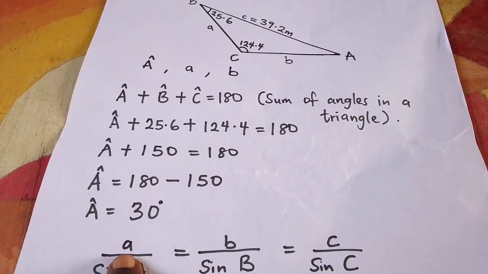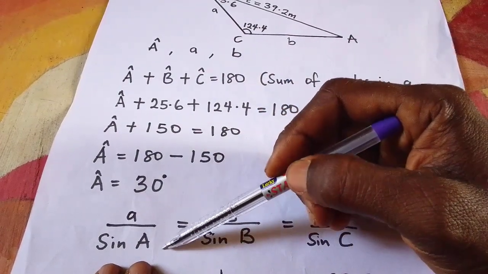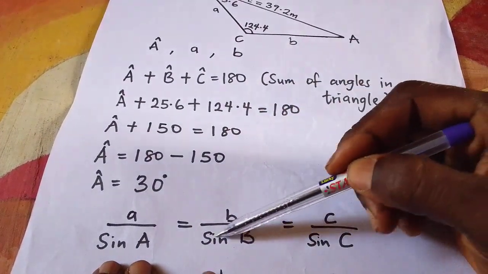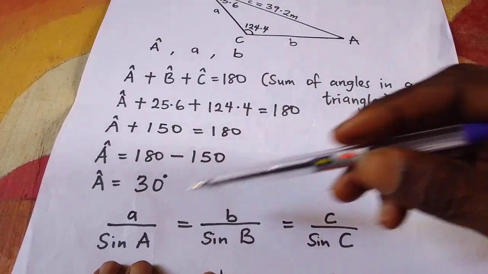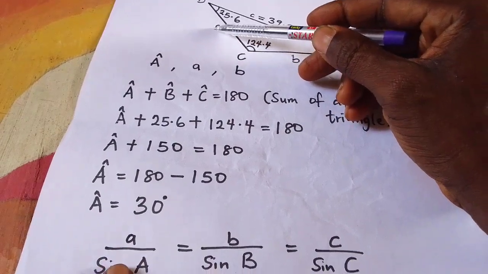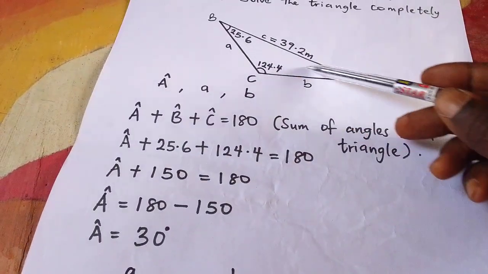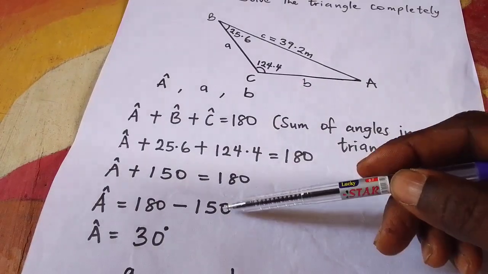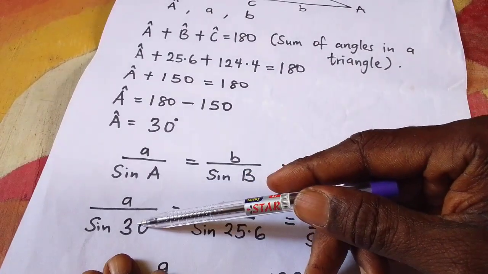You are now going to substitute into the formula, into this ratio: a over sine A equals b over sine B equals c over sine C. So our small a, our side a is not given here, so you write a. Then our angle A, which we found to be 30, so over sine 30.